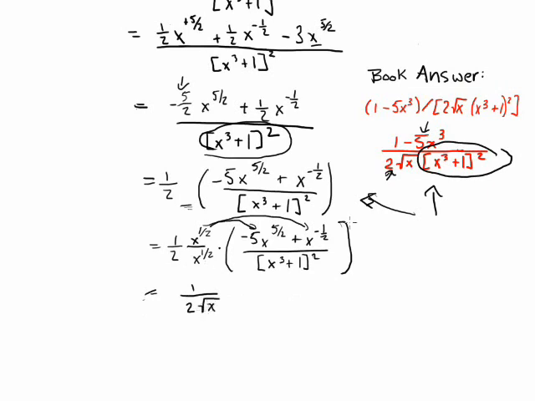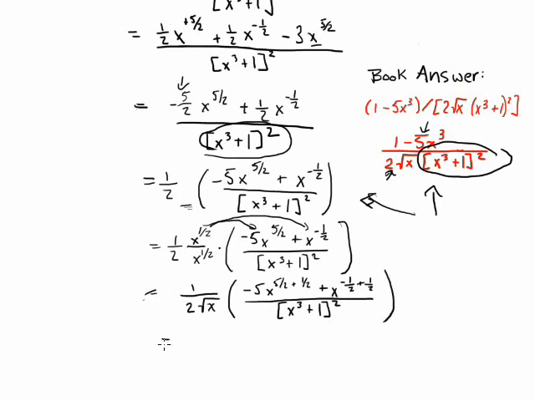I'm going to leave it like that because it kind of gets me to something that looks like the book answer. Times negative 5x to the 5 over 2 plus 1 over 2, plus x to the negative 1 over 2 plus 1 over 2, divided by x cubed plus 1 quantity squared.